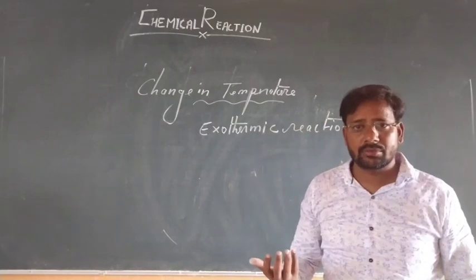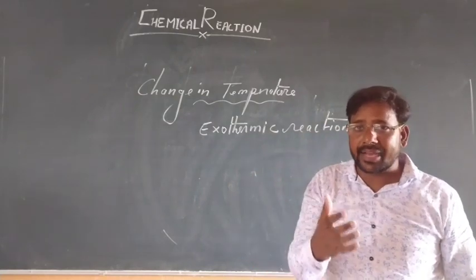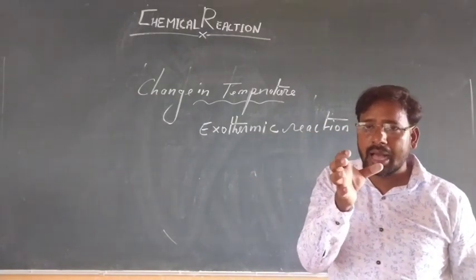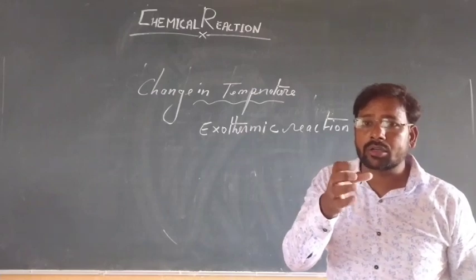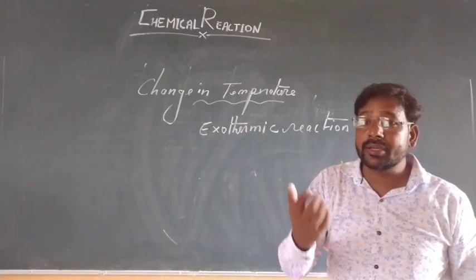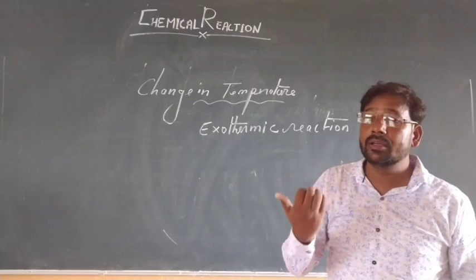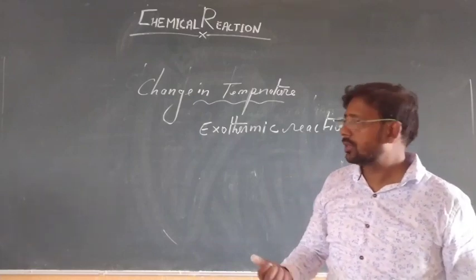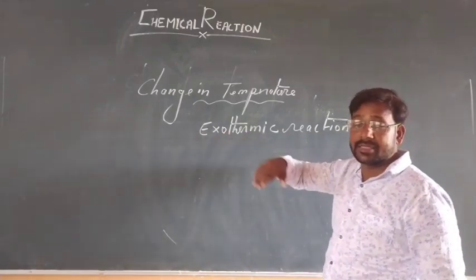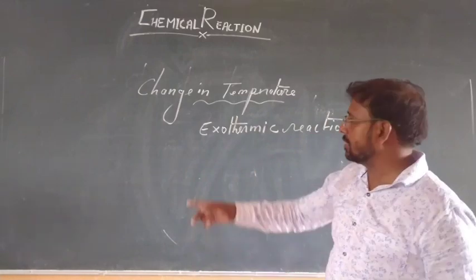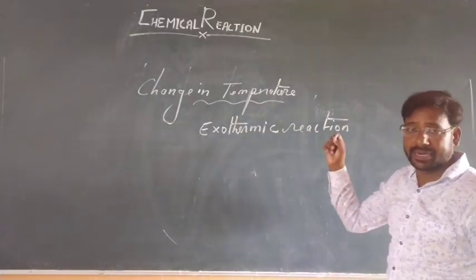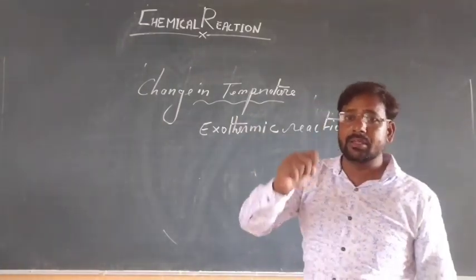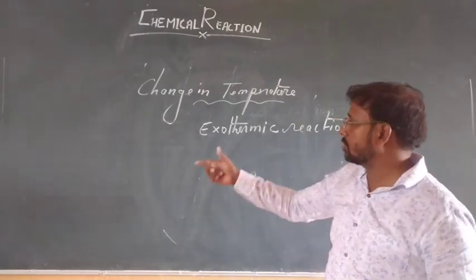So when you touch the apparatus, you will feel hot. Why? Because energy is releasing from the reaction. Write in a copy: the chemical reaction in which energy is released is called exothermic reaction.